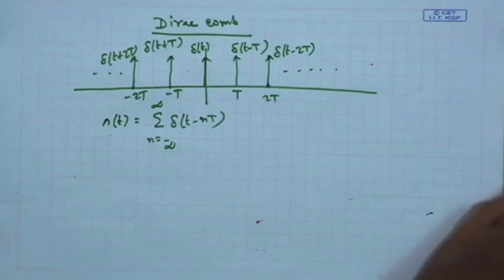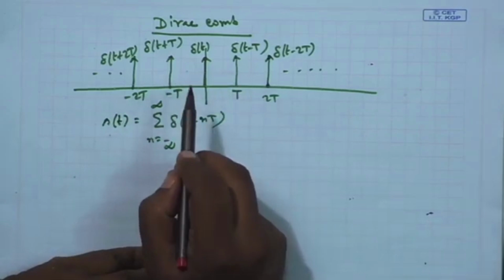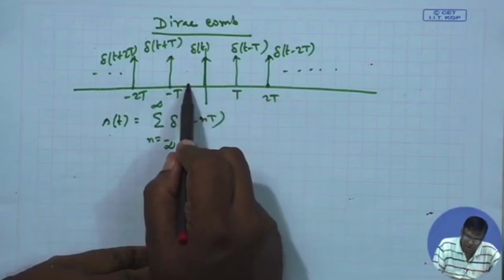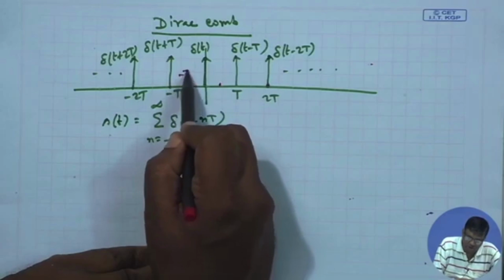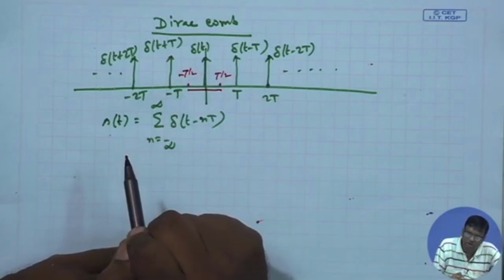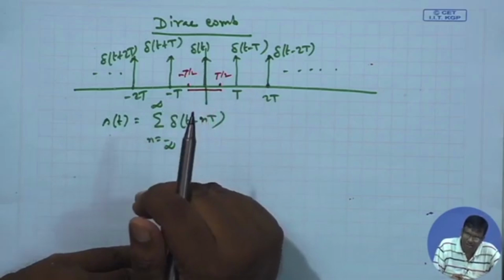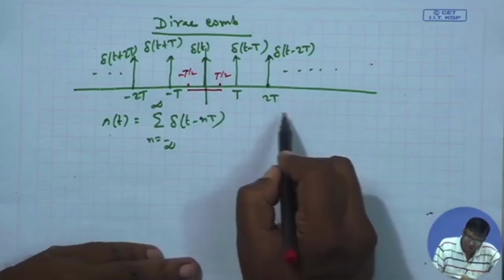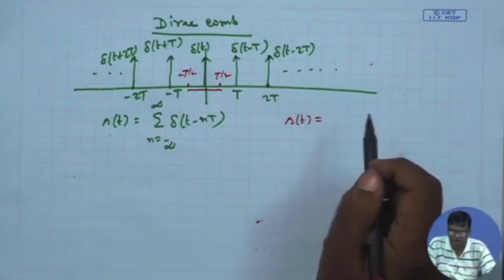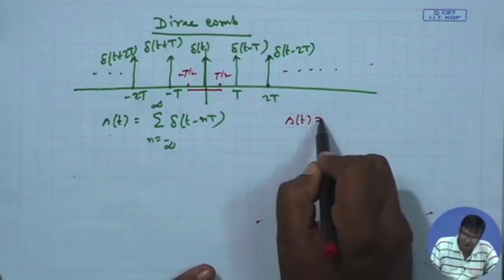Now you see, S(t) is a periodic function, with its period from, say, minus T by 2 to T by 2. Any periodic function with period capital T can be represented in terms of a Fourier series of this form. This is from ordinary Fourier series knowledge, so you should know it; otherwise just go back to Fourier series and read it a little.